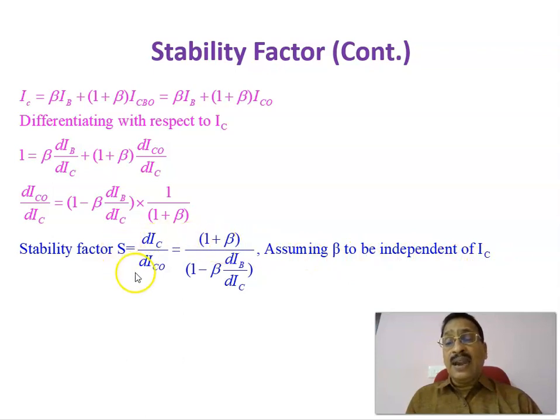Therefore, the stability factor S is defined as dIC by dICO, which equals 1 plus beta divided by 1 minus beta dIB by dIC, where dIB by dIC means the rate of change of base current with respect to the change in collector current. Therefore, this is the equation for the stability factor.